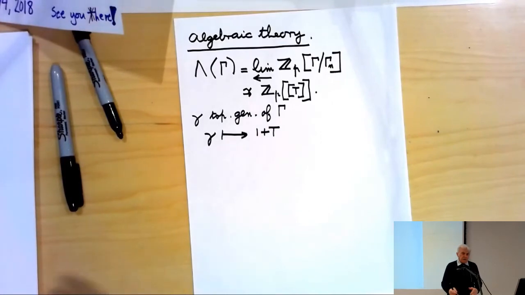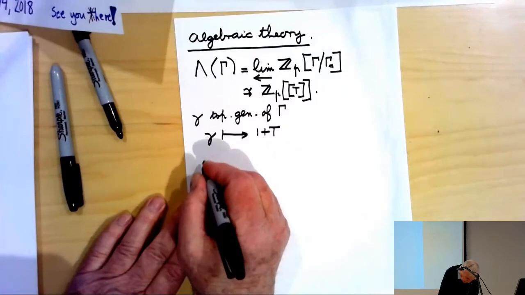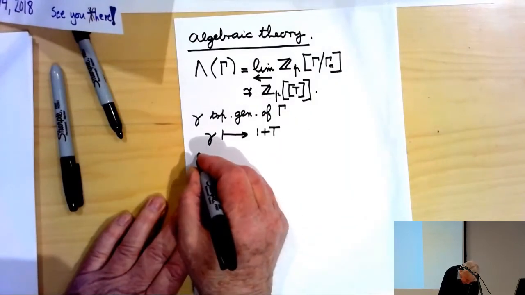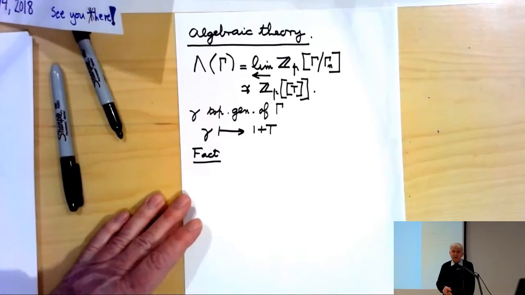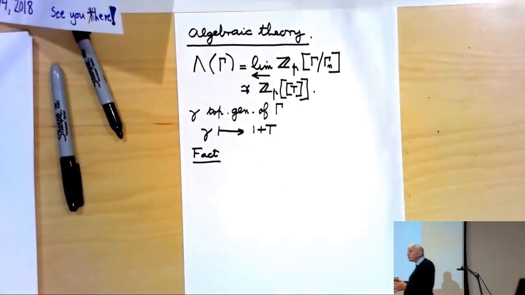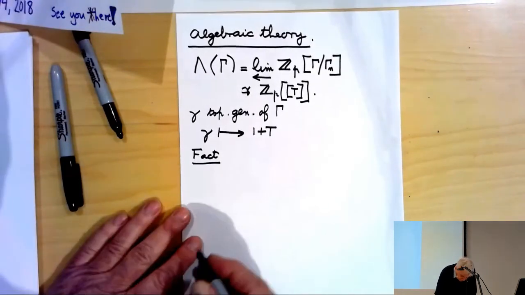Now, what we're interested in, and by the way, perhaps I should mention the fact that we're going to be interested in modules that are finitely generated over lambda gamma. And of course, our modules will be always compact.